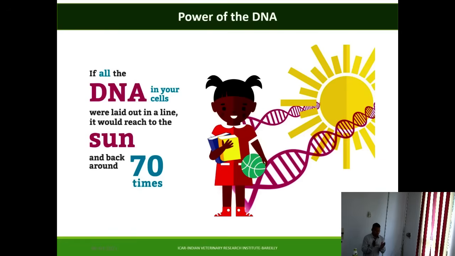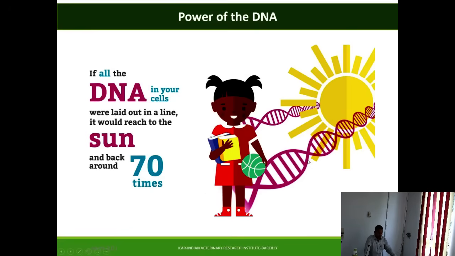And inside that, if you just unfold the chromosomes and join them from end to end, you will reach the sun around 70 times and come back. And this is the power of the DNA in each and every individual. That's why we used to say that हमारे अंदर ब्रह्मांड समाया हुआ है.